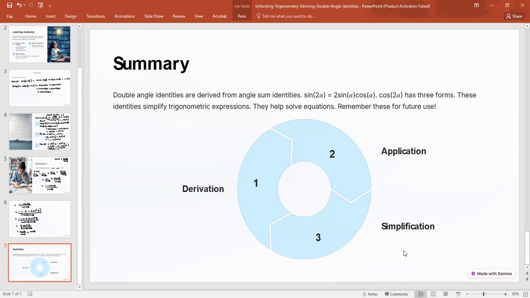We have equally learned how to re-express cosine of 2 alpha in 3 different forms. And lastly, after the derivation of these trigonometric double angle identities, we did go through one application, how to use these double angle identities to simplify a given trigonometric expression.